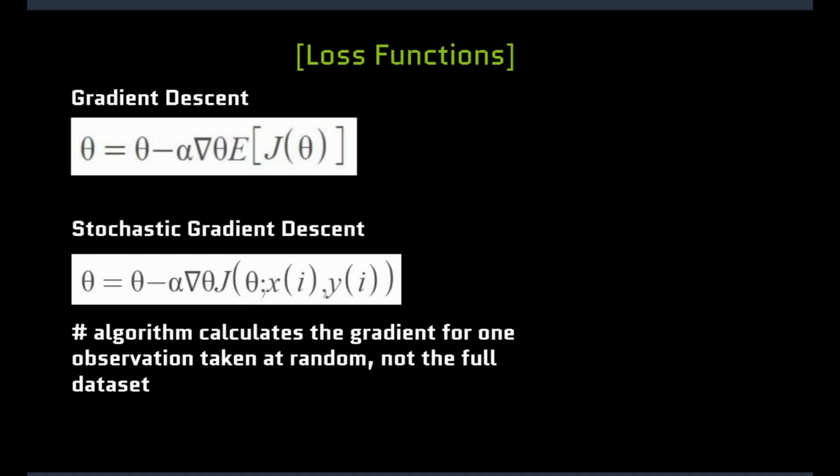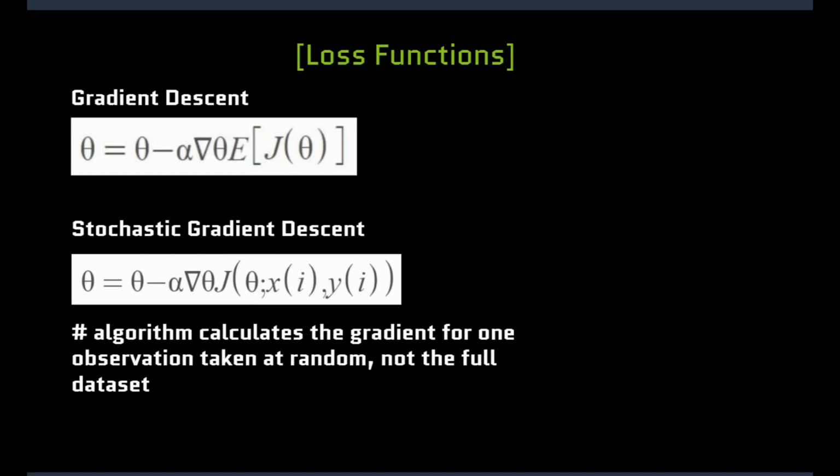Stochastic gradient descent is a probabilistic approximation of gradient descent. Because, at each step, the algorithm calculates the gradient for one observation taken at random, not the full dataset. Stochastic gradient descent requires just that the predicted value of the random observation be a subgradient of the function at point W. In large-scale datasets, stochastic gradient descent is quicker and better suited.